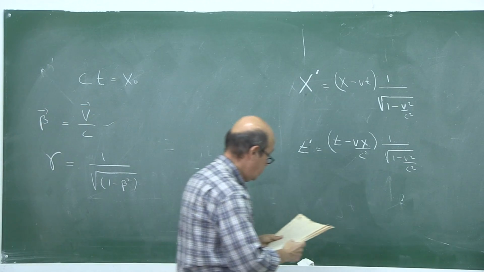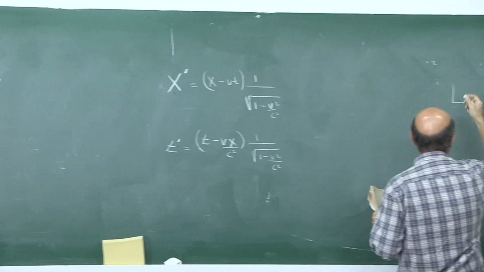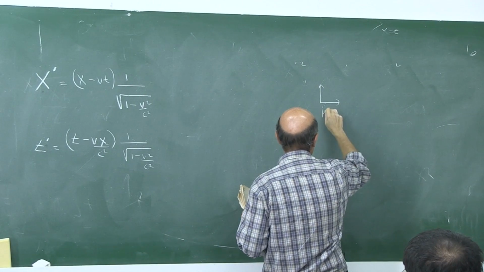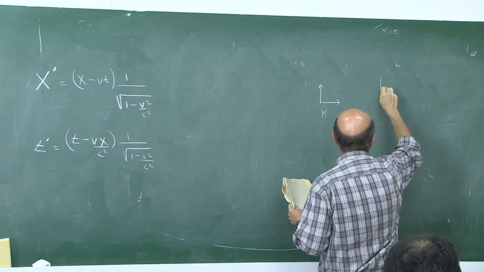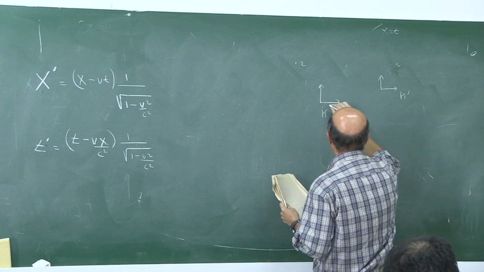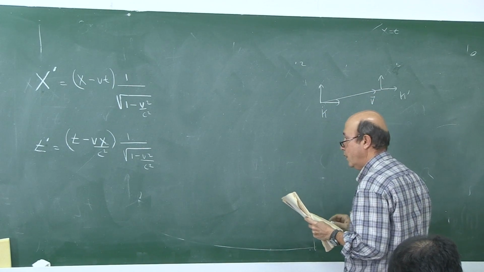So we denote the geometry in the following. We have space and time coordinates k and k prime. They could move relative to each other with some velocity or beta.